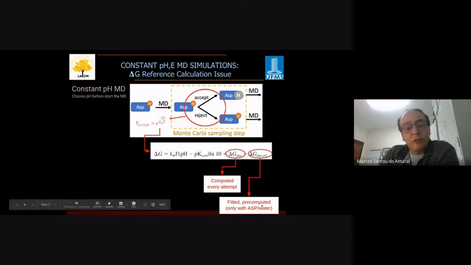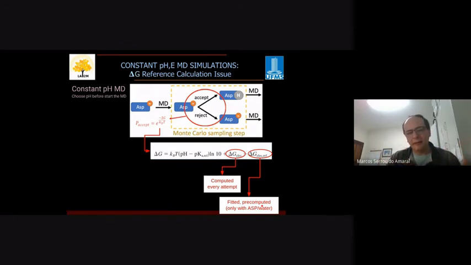To do that, I need to take the aspartic acid alone in water and try to fit the protonation curve. The main idea is that I simulate this aspartic acid in water with the pH the same as the pKa, which is 4.6.